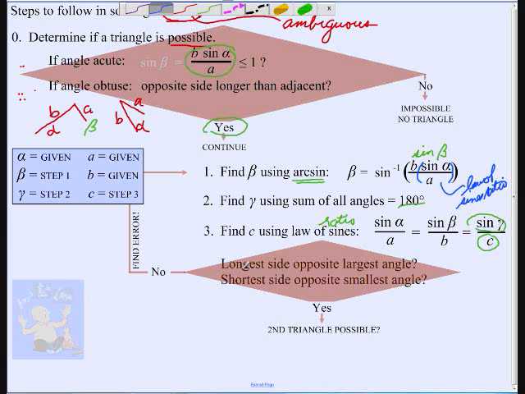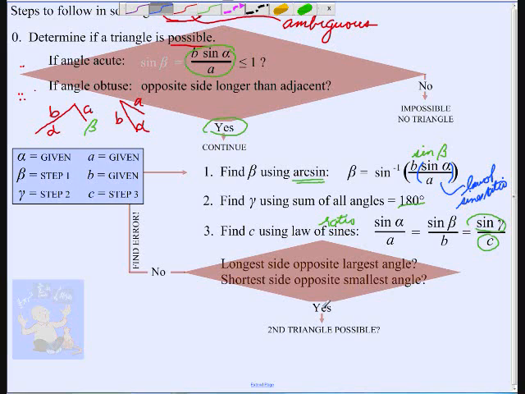Okay, now you go ahead and you look at all three sides versus all three angles, and your longest side should be opposite your largest angle, your shortest side opposite your smallest.